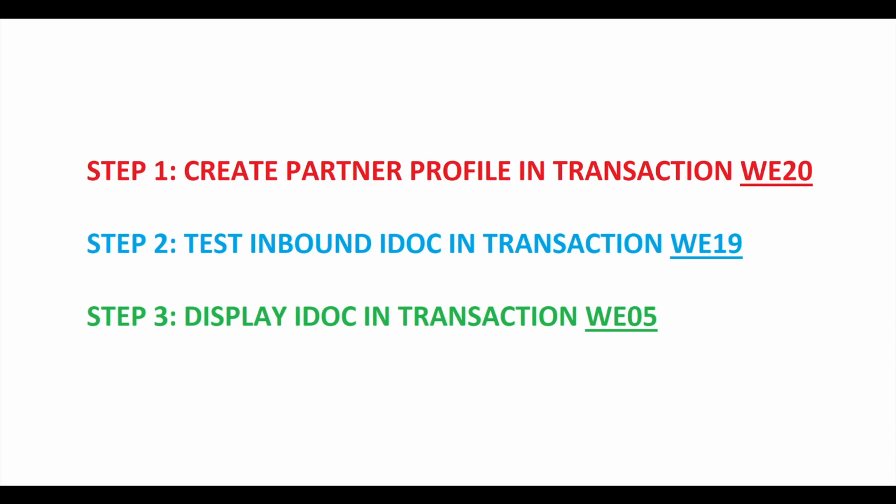Now the second step is to test the inbound IDOC. Suppose we are in the development phase, and we are testing whether this configuration is working properly or not. SAP has provided a transaction for this, which is WE19.